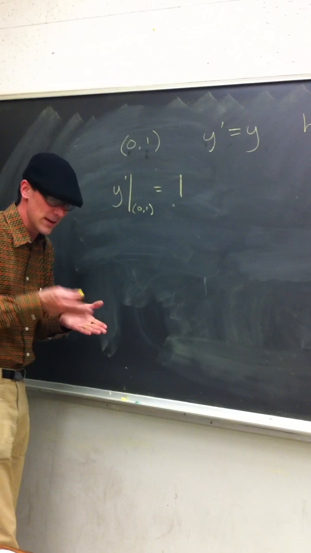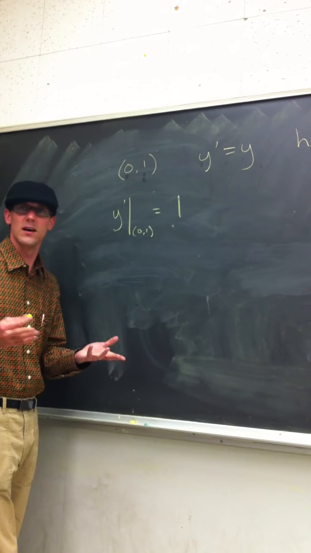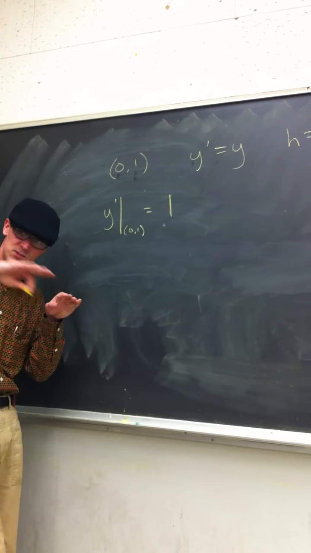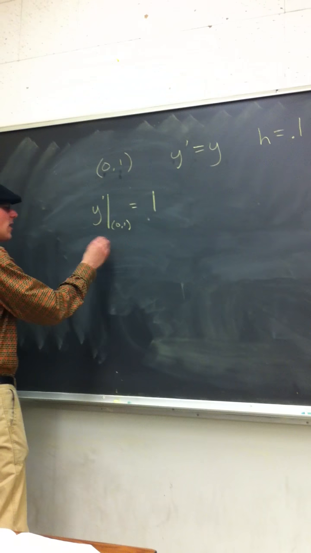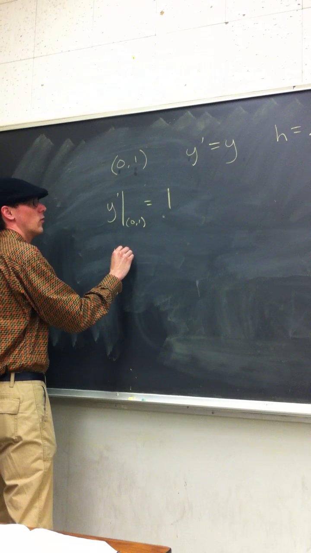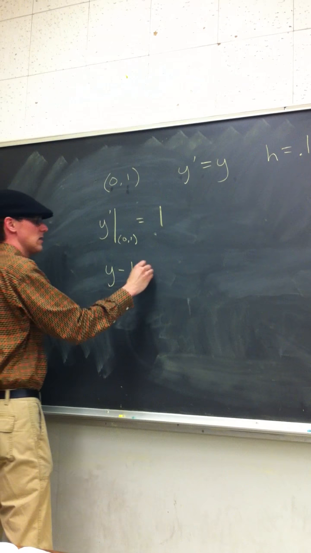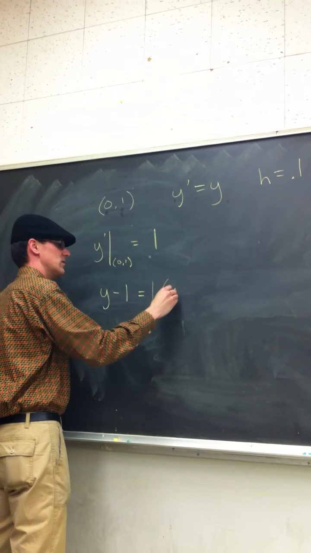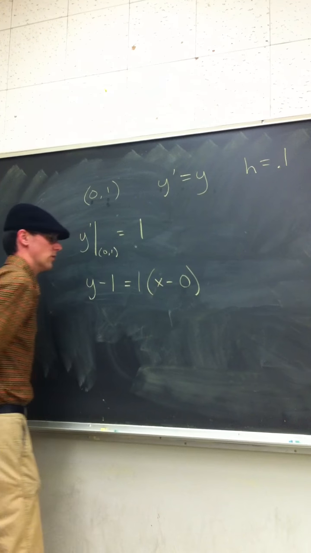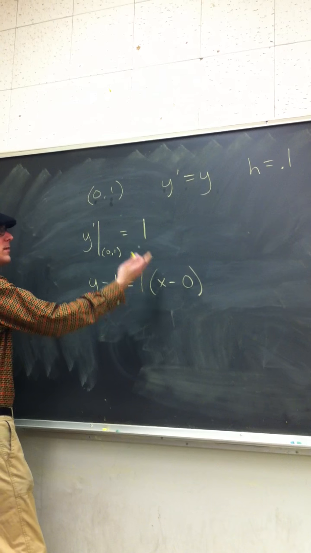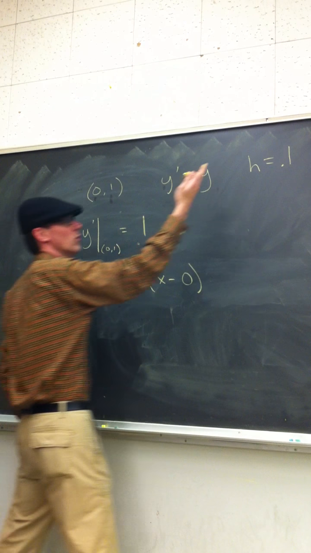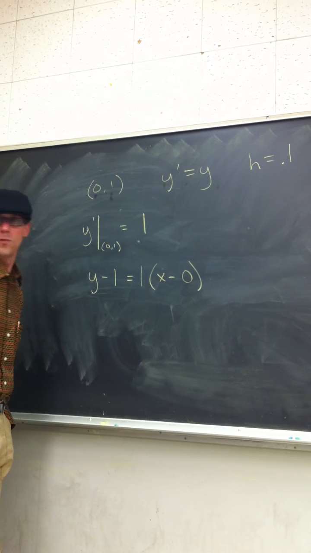In order to tell you exactly how to do this, like having GPS, right? It actually maps the line out for you that you're supposed to follow. And so you have your point slope form, y minus 1 equals the slope times x minus 0. That's the curve we're going to follow. We're going to follow it from x equals 0 to x equals 0 plus our h, 0 plus 0.1.